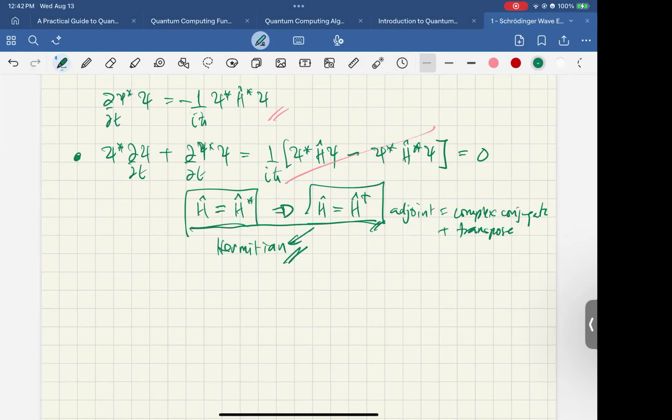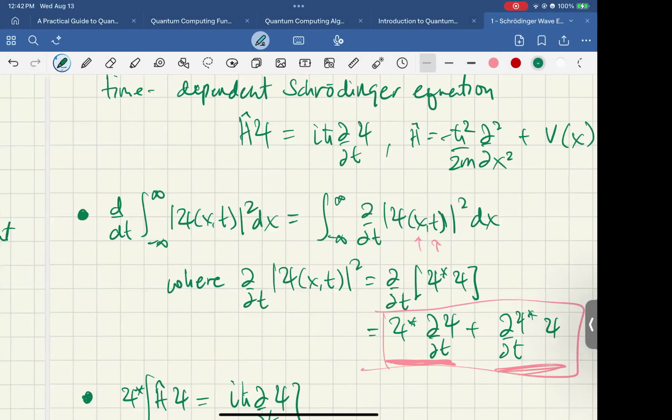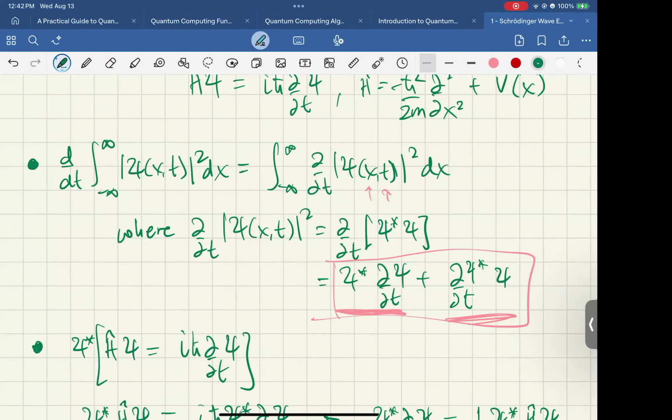means that the integral from negative infinity to infinity of psi of x,t squared dx, d/dt, is now equal to 0. So remember we started out from this. We brought the derivative inside, which became a partial derivative.